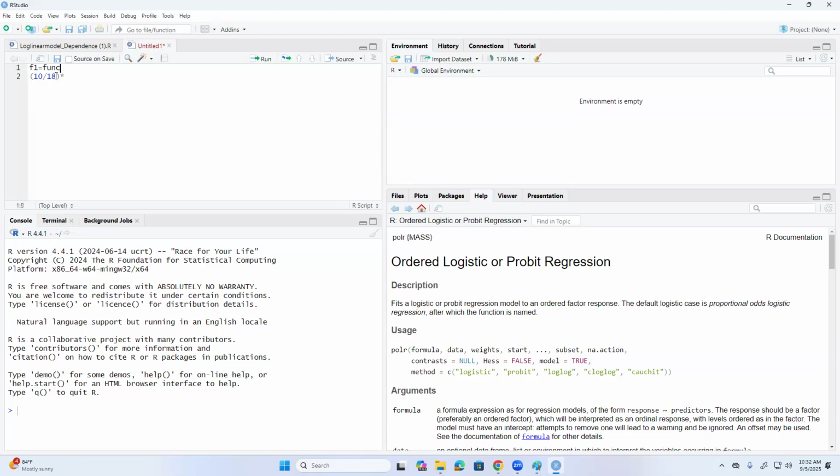F1 is a function of the argument x, and it is 10/18 times dnorm of x comma 0 comma 1. dnorm is the syntax used for the normal density function in R. If you want to use some other language, such as Python, there is an analogous function or syntax. And it is plus 8/18 times dnorm of x, 3, 0.5.